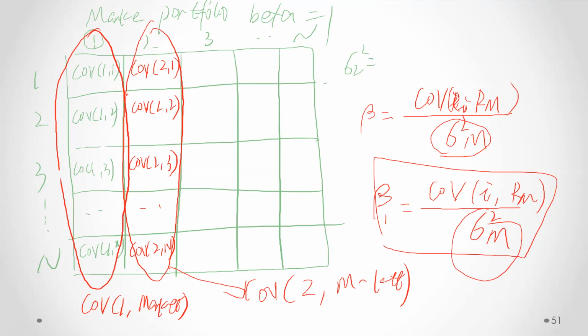If column 1, or asset 1, has a higher beta, or in other words higher systematic risk, it means that asset 1 contributes more to the total overall market portfolio's risk. Similarly, if asset 2 has lower covariance with the market, this means that this asset reduces the market portfolio's risk. So it has lower beta and lower expected return.